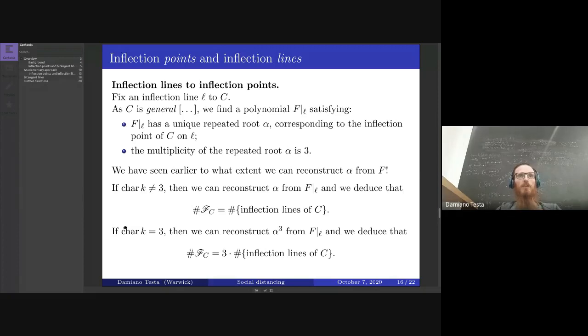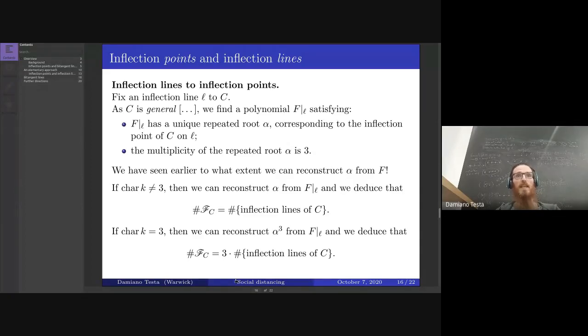When the characteristic of the field is 3, though, we saw that we can reconstruct alpha cubed. So we can reconstruct the cube of the coordinates, because we had that we could get x minus alpha to the multiplicity, and the multiplicity is 3, and the characteristic is 3. So we can reconstruct alpha cubed, but not better than that. So when we project fc onto the second coordinate, we're not getting a birational map.